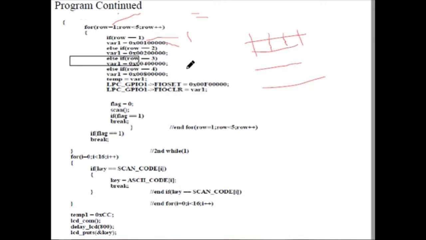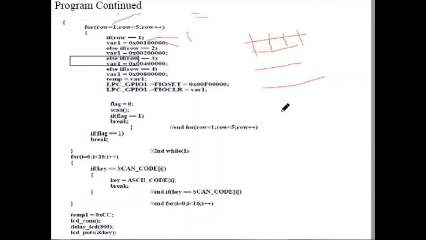If I assume that row 1 is pressed, that value will be held by variable 1, and that will be stored in the temp variable. Whatever value temp is holding will be used as GPIO 1, because port 1 is there.